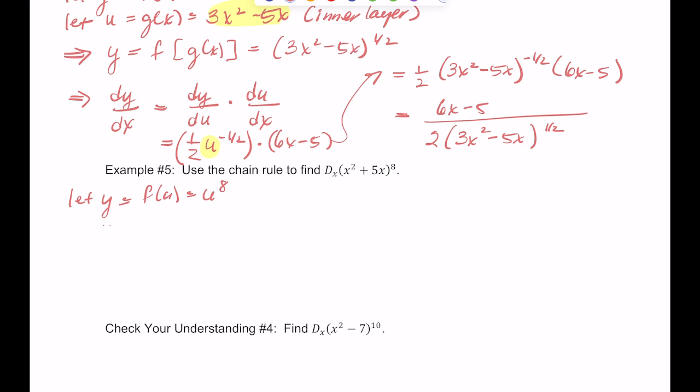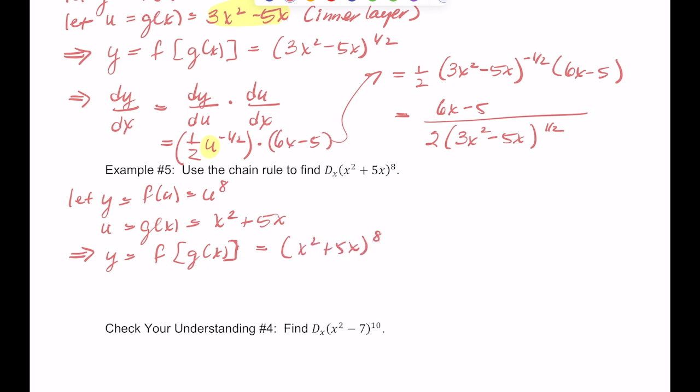Then we're going to let u equal g of x, which is just going to be x squared plus 5x. So that tells me y is going to be f of g of x, which is just the f function with g of x in place of it.